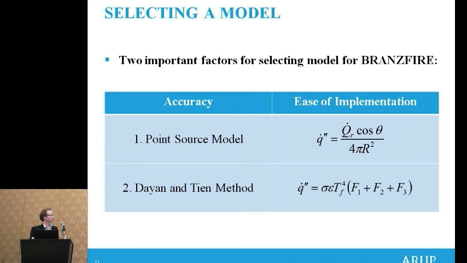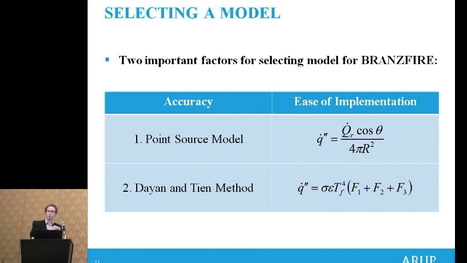So just quickly looking at the overall equations on which the two models are based. Point source model, relatively few inputs, and inputs that the model already requires anyway. So things like the heat release rate of the fire and the radius of the fuel source. So we already know those things.